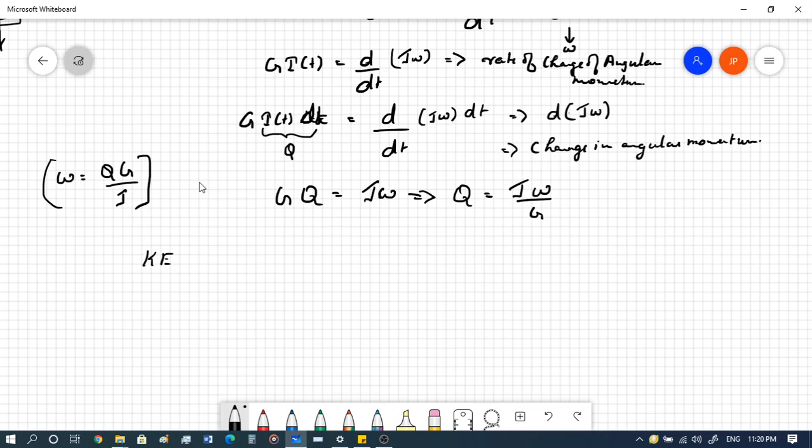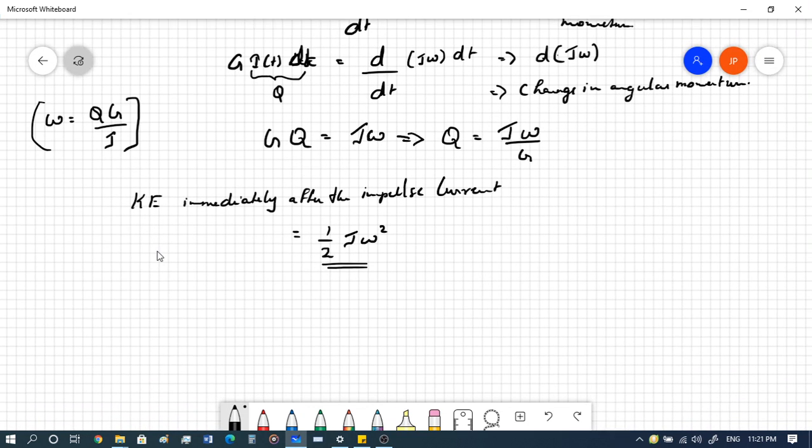The kinetic energy immediately after the impulse current, that is the kinetic energy picked up by the rotating coil, can be written as half J into omega square. So this is the kinetic energy that is picked up by the coil which is at rest.